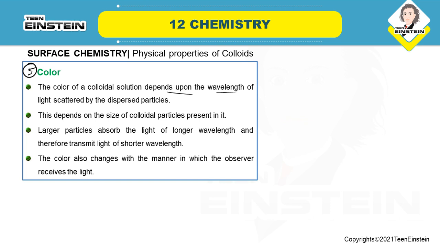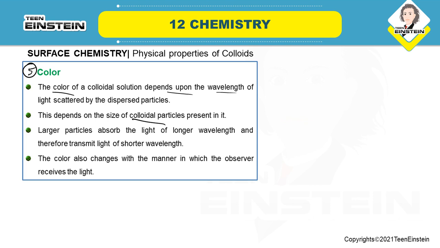That is, different particle sizes will interact with the wavelength of the corresponding size. There must be matching, otherwise scattering is not possible. So what color we actually see depends on which wavelength is scattered by the dispersed particles. So basically, it depends on the colloidal particle size.